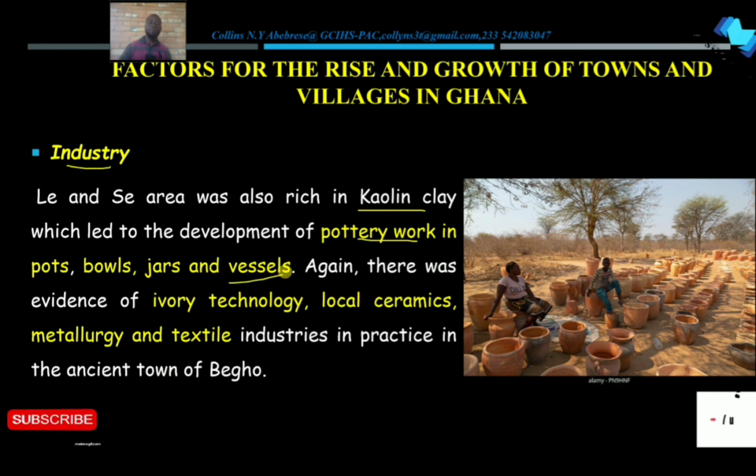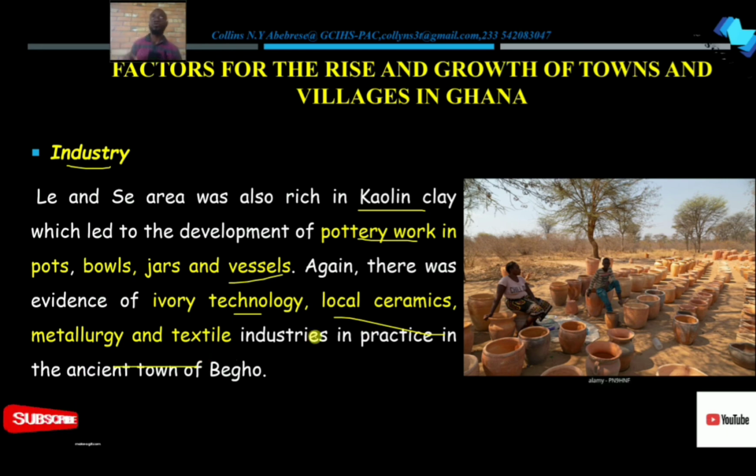So the availability of this kaolin clay attracted people to engage in a lucrative economic venture such as pottery making.